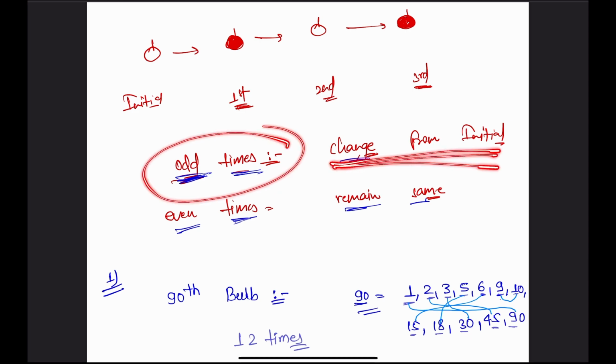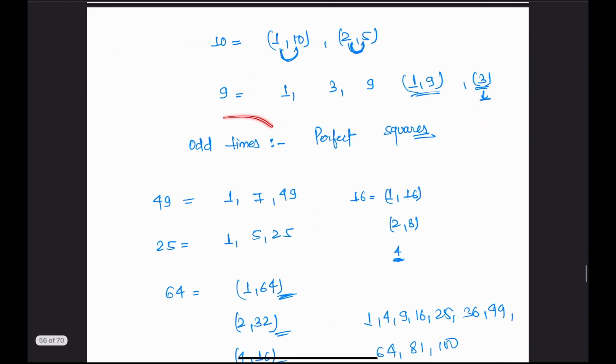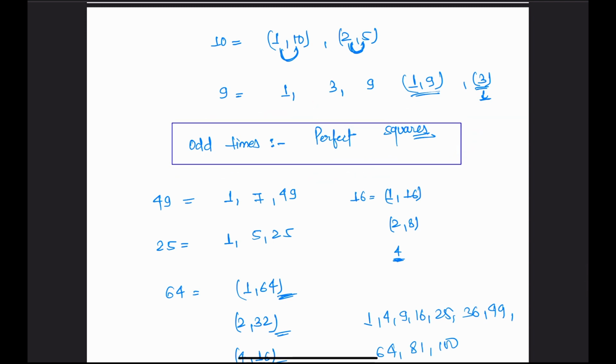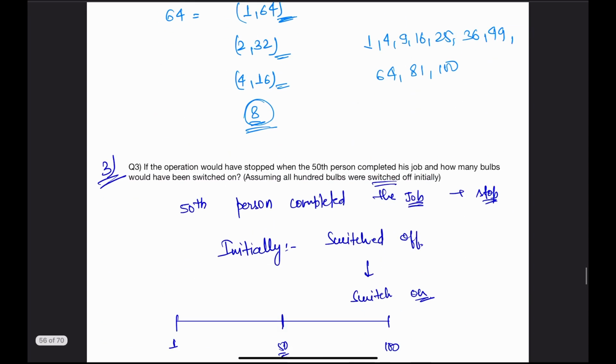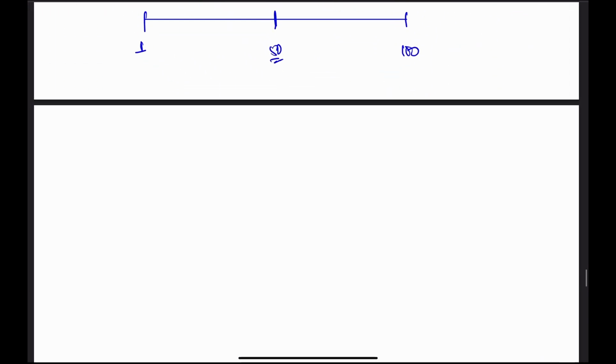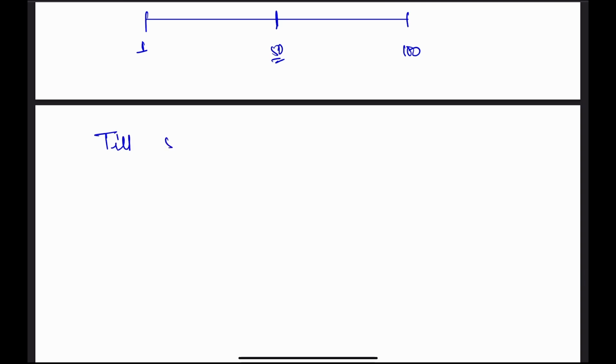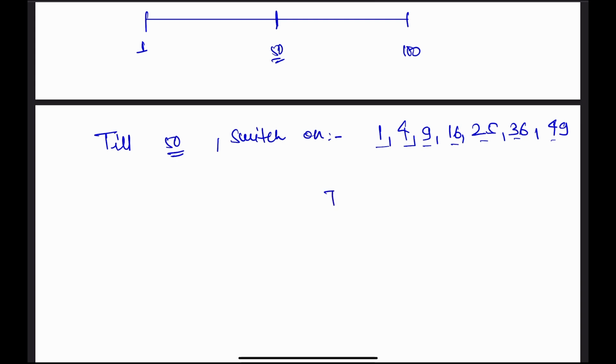If change, then odd times, and odd times only comes in the perfect squares. So till 50, the switched on bulbs will be the squares: 1, 4, 9, 16, 25, 36 and 49. Only these are switched on. So how many numbers are there? 1, 2, 3, 4, 5, 6, 7. So 7 bulbs will be switched on.